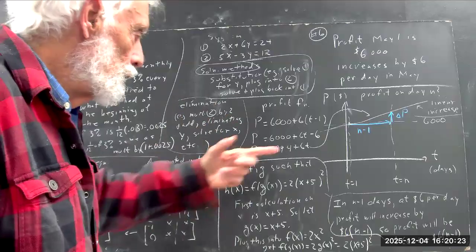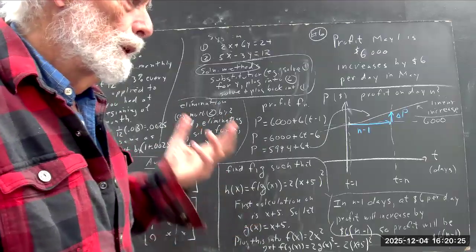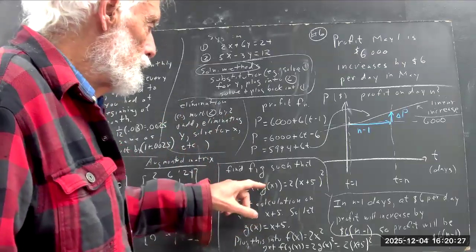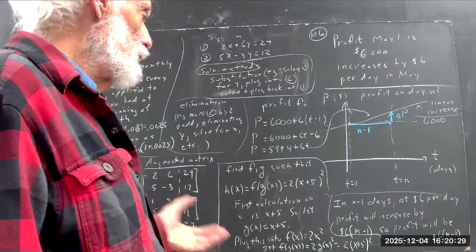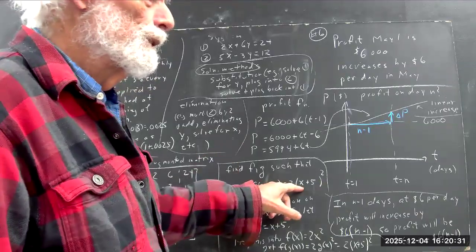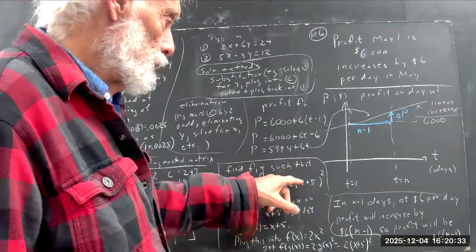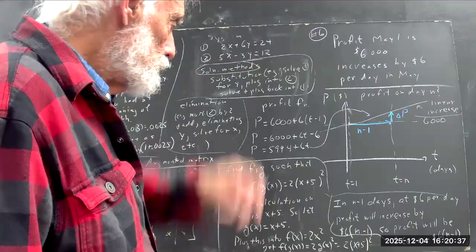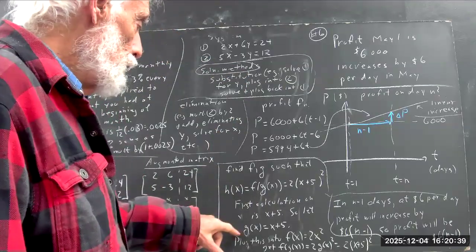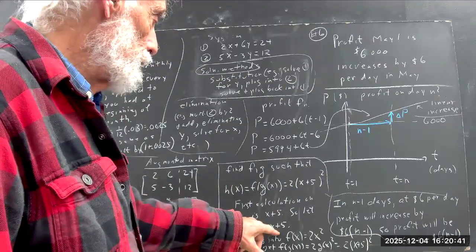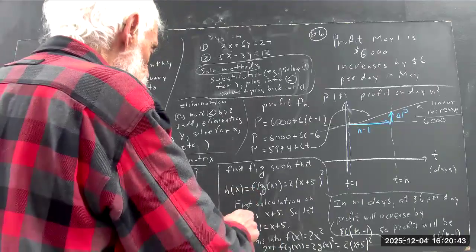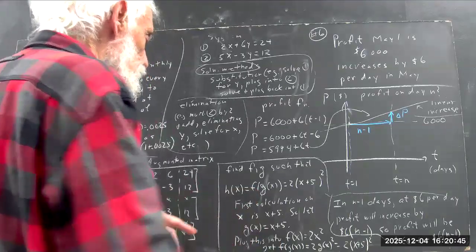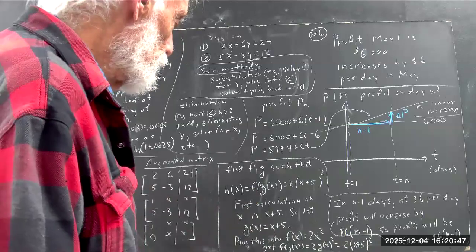Okay, well, to do this, one way to find the g of x function is ask yourself, well, what's the first thing that happens to x? Well, the first thing that happens to x is you're adding 5. So we could start with g of x equals x plus 5. First calculation on x is g of x equals x plus 5.